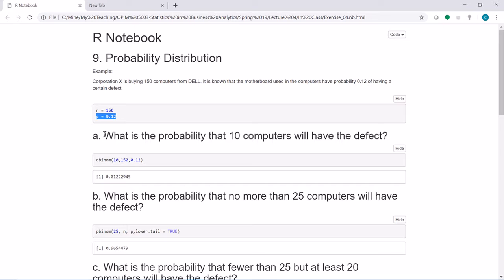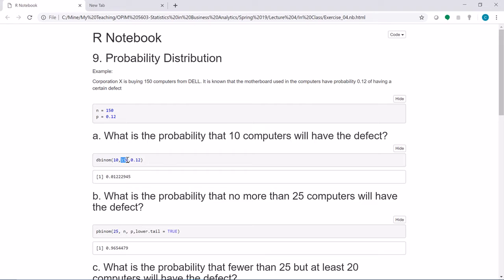Question A, what is the probability that 10 computers will have the defect? So this is basically about using the dbinom function, right, for density. So putting the numbers in, here we have 10 for 10 computers.